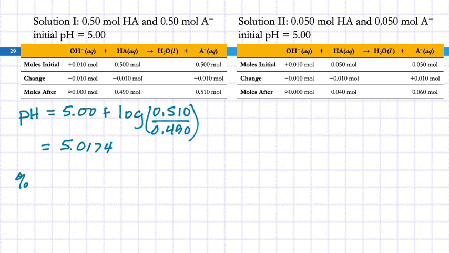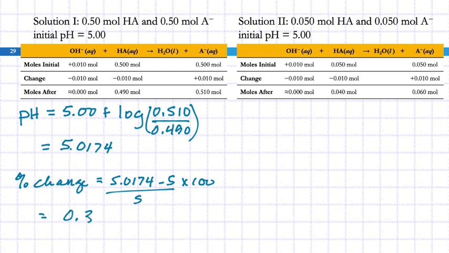So the percent change, 5.0174 minus 5 divided by 5, is 0.35%.